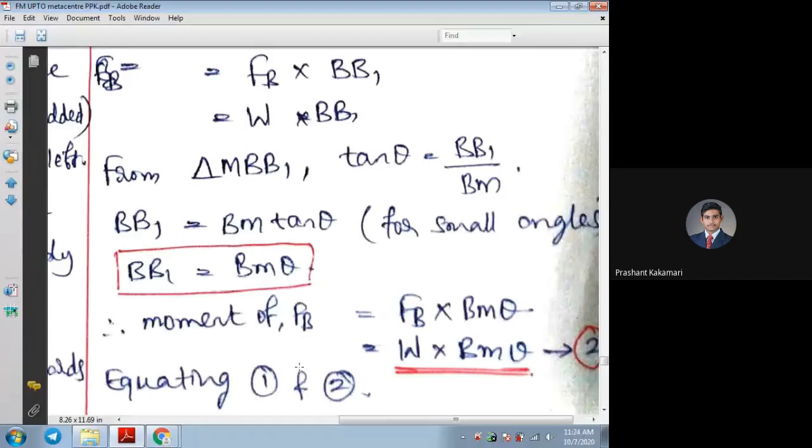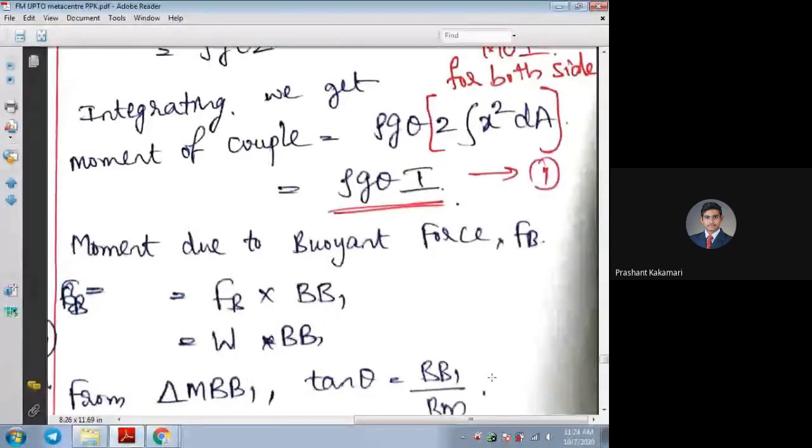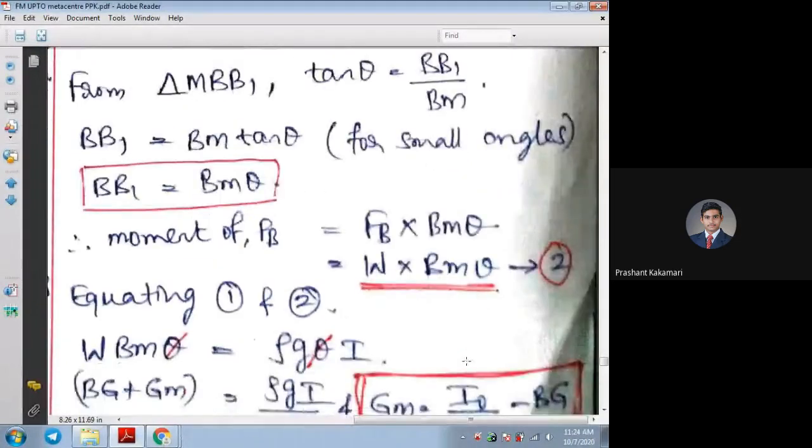So these two moments now we are going to equate. Both equations are in terms of theta now, common terms. Now after equating, we are finding the BM value. So once you equate these two terms, I can cancel theta.